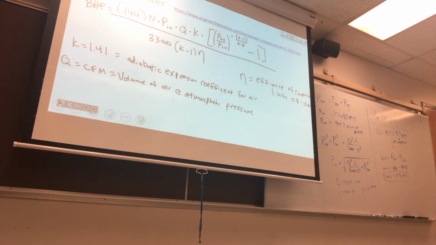Cool. What's another variable? P2A, P1A, that's the absolute pressures. Yep, you got it. So I'm saying that's the absolute initial atmospheric pressure.